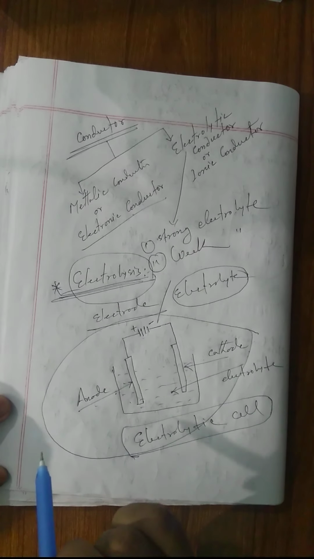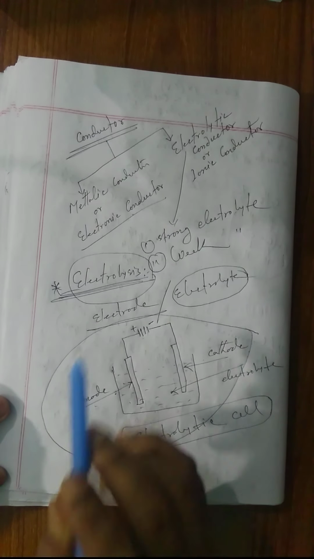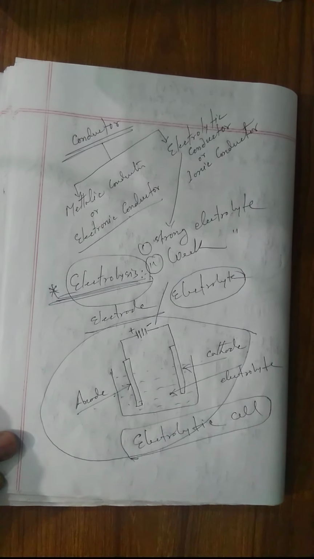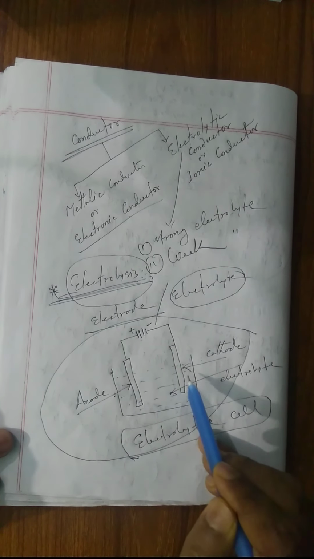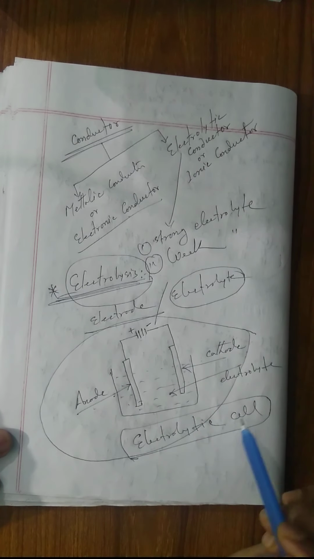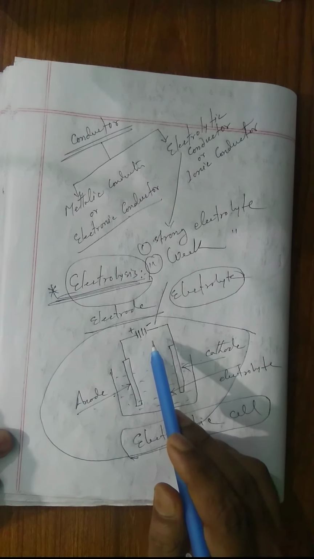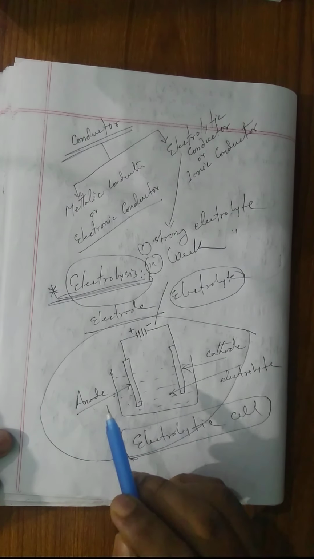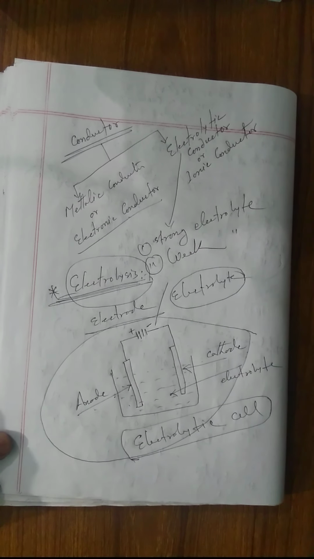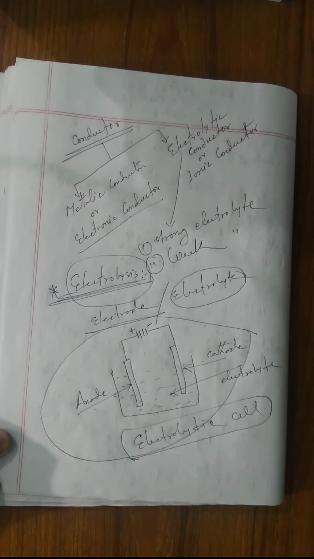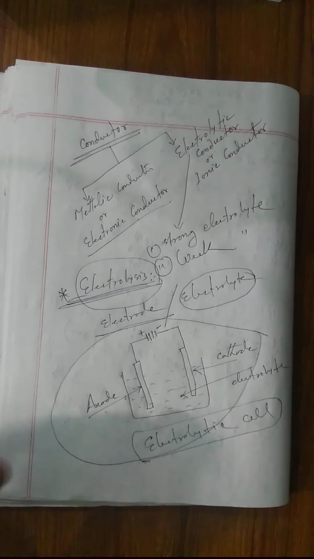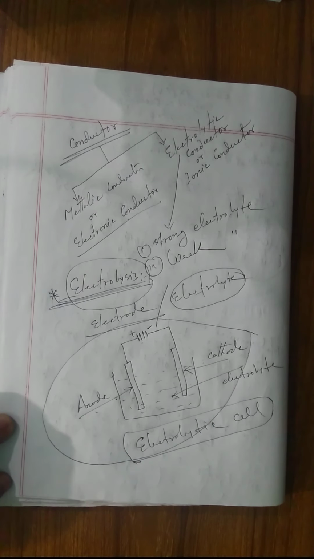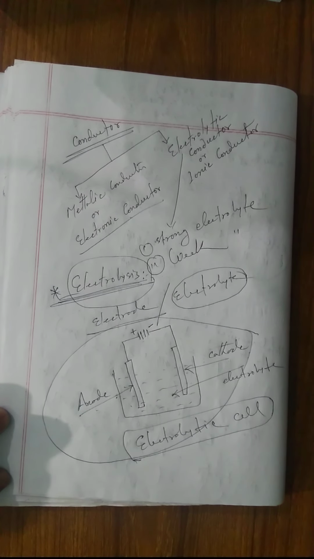Electrolysis is the process by which a chemical reaction occurs in an electrolytic cell by passing electricity. We can shortly define it: the process by which electrical energy is converted to chemical energy.